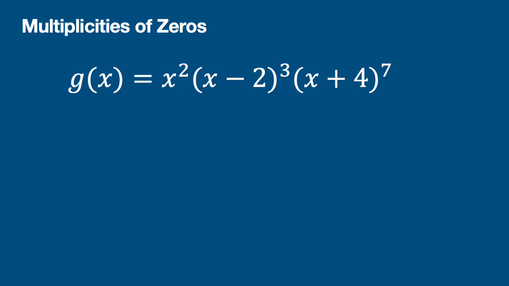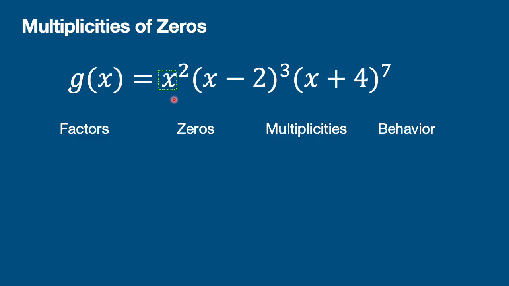Say this is the function g. Guys, look at this one. Let's check it out. Factors first, then zeros, multiplicity, and behavior. The factors are x, then x minus 2, and another factor, x plus 4.